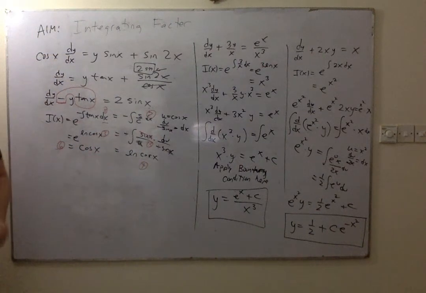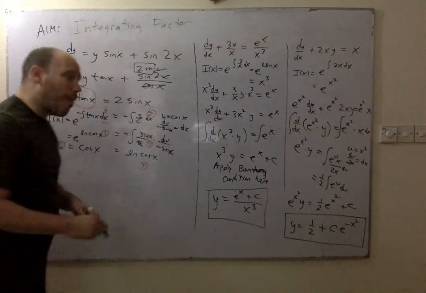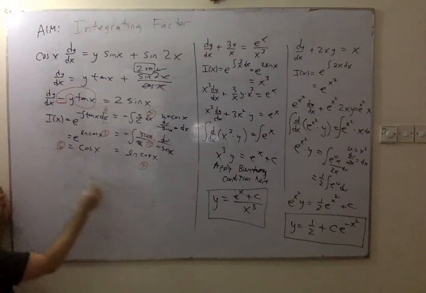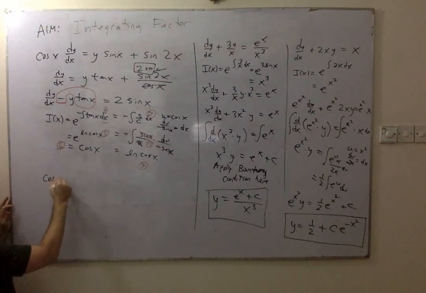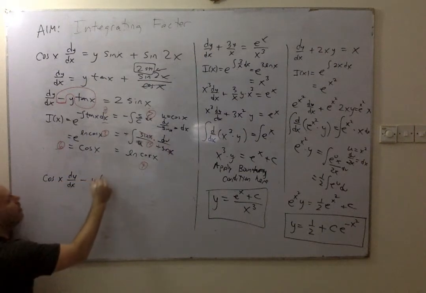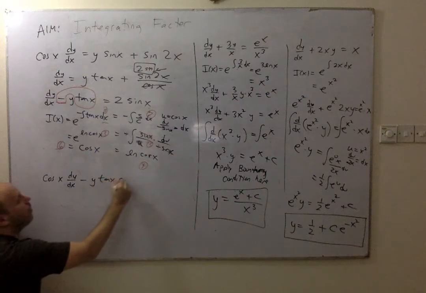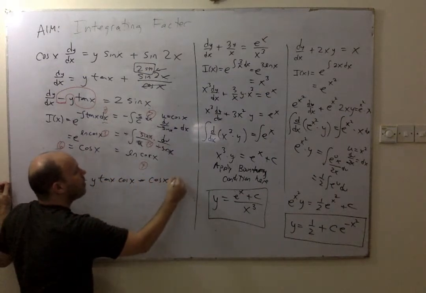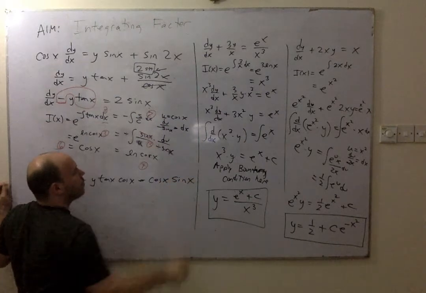Okay. Next step. Let's multiply everything by the integrating factor. So we have cosine of x dy over dx minus y tangent of x cosine of x equals cosine of x sine of x.